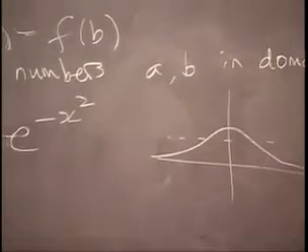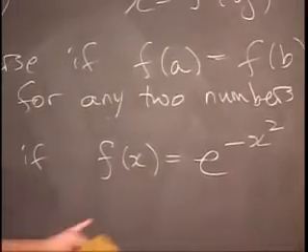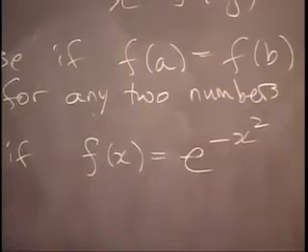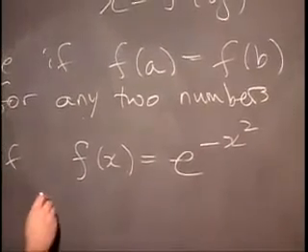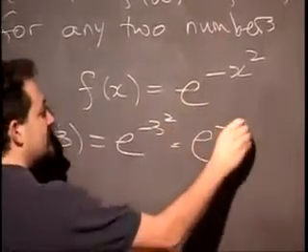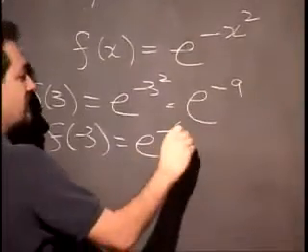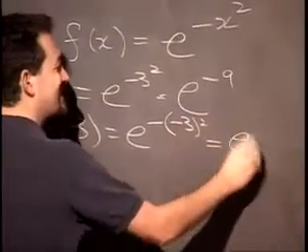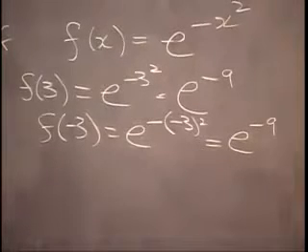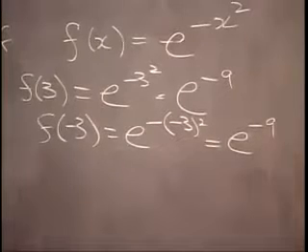Well, what you could try to do is find two different numbers such that when you plug them in, you get the same answer. If you think about it, x squared doesn't care whether x is positive or negative. So, for example, f of 3 is e to the minus 3 squared, which is e to the minus 9, and f of minus 3 is e to the minus 3 squared, which again is e to the minus 9. And actually that's enough to show that it does not have an inverse. f has no inverse.